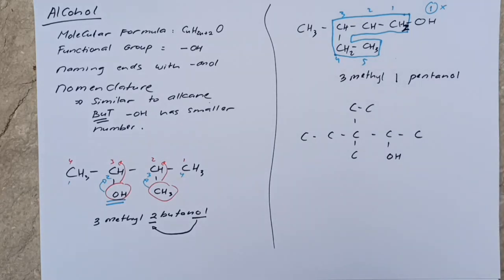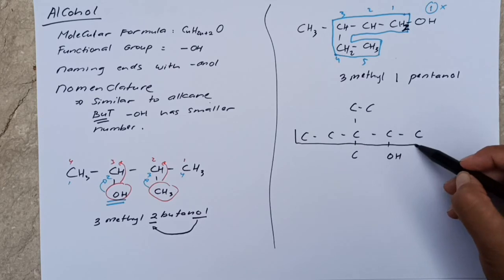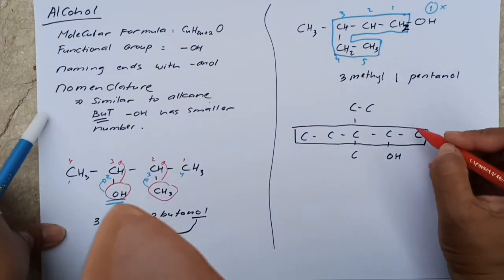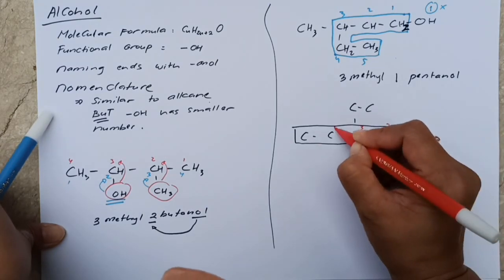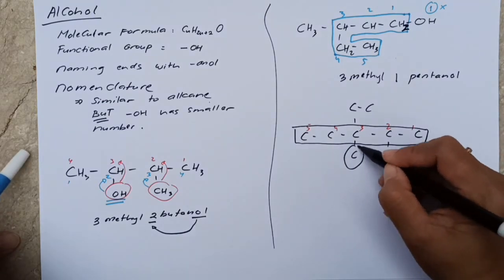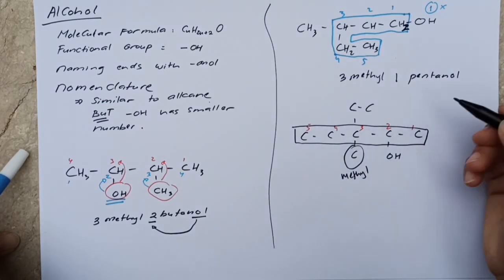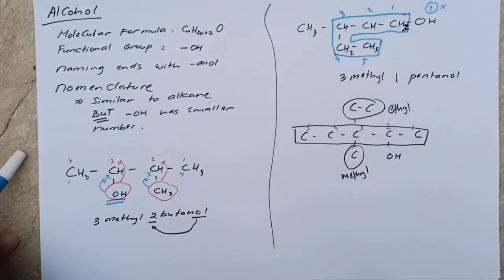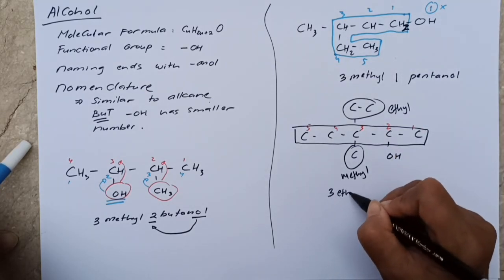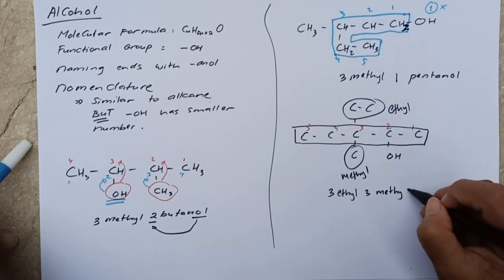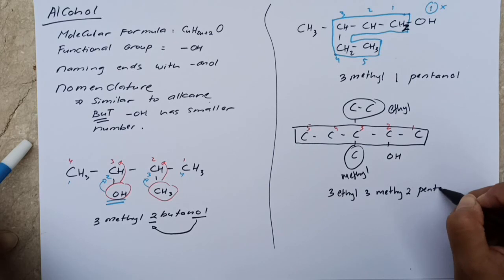Then the main chain will be this one, and the calculation will start from here. 1, 2, 3, 4, and 5. So can you see? You have 1-methyl here and 1-ethyl here. Still, you have to follow the rules of alphabetical order. So you put here 3-ethyl, 3-methyl, and where the OH is, number 2, 2-pentanol.